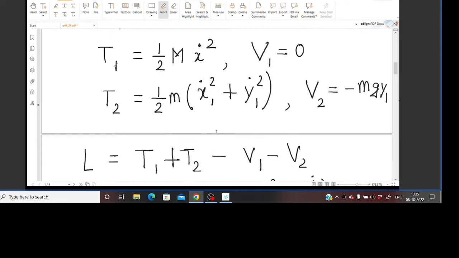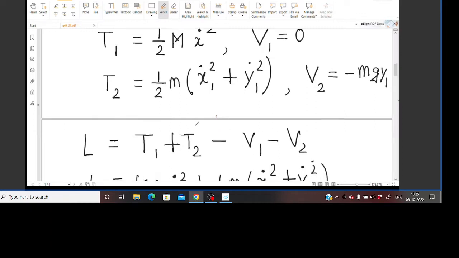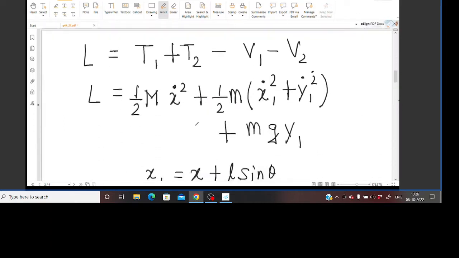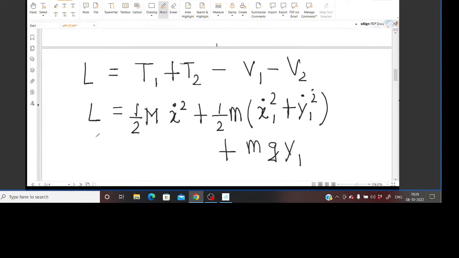Here we put the values of T1, T2, V1 and V2. Then we obtain the Lagrangian L equal to half into M into x dot square plus half into m into x1 dot square plus y1 dot square plus mg y1.